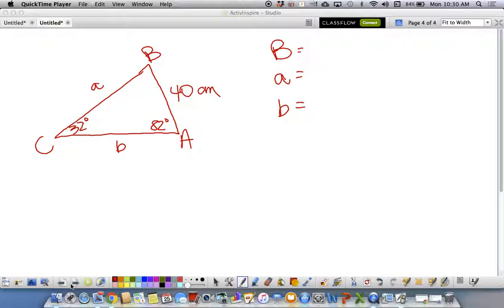Somebody like to come up and write down the equations that you used. Yeah, Tyler, come write it down. Somebody want to come up and just tell me what angle B is? 66. Okay, write it down. I think we all got that. You can use a pen if you want.